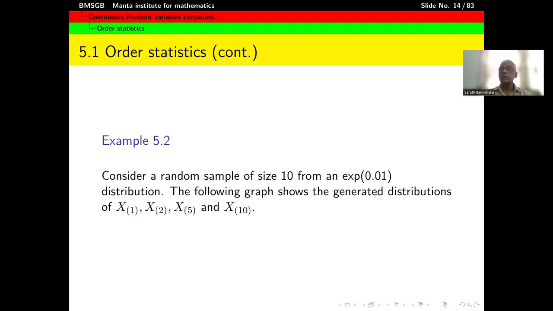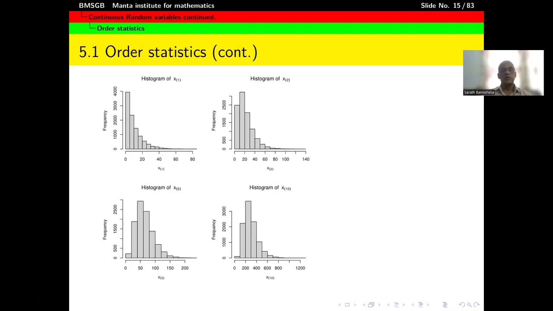Right? So let us again look at the sampling distributions of the minimum, maximum, the second order statistic and the fifth order statistic. Now I'm not going to discuss why we are having this kind of shapes. I invite you to do the same thing using your R, and then think why you are having this kind of shapes for the sampling distribution of the first, second, fifth, and 10th order statistic.